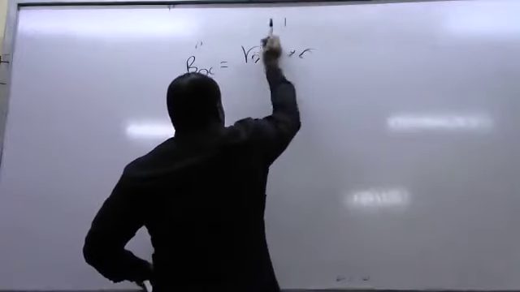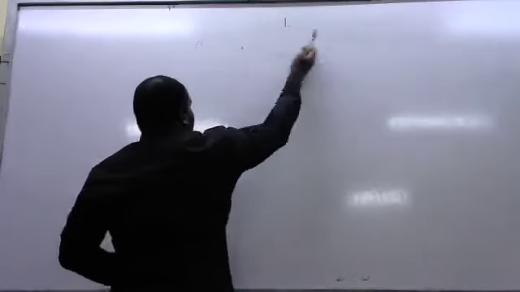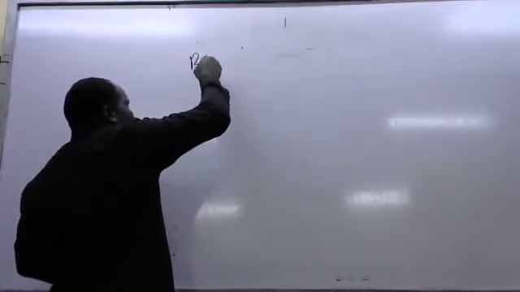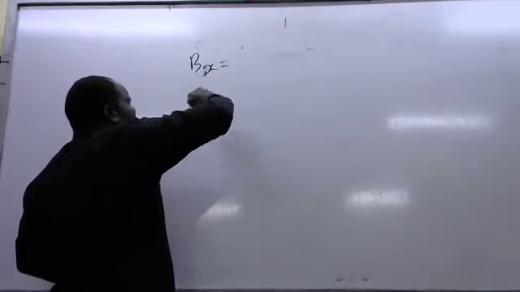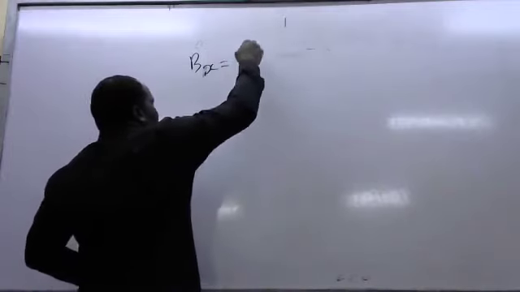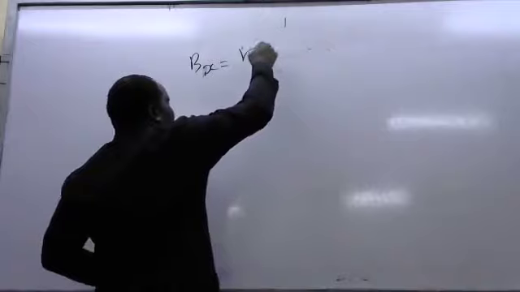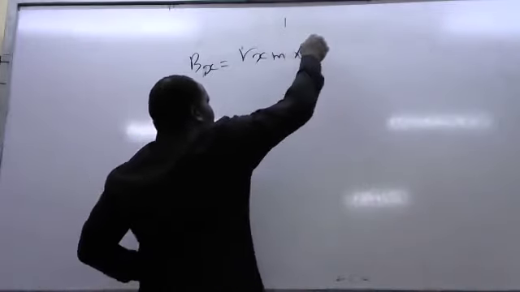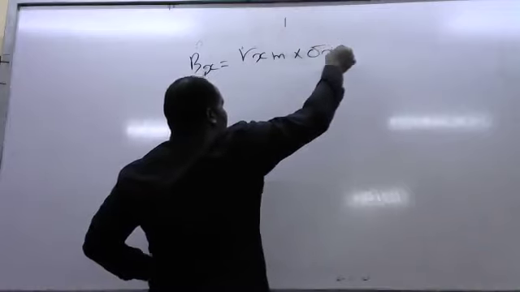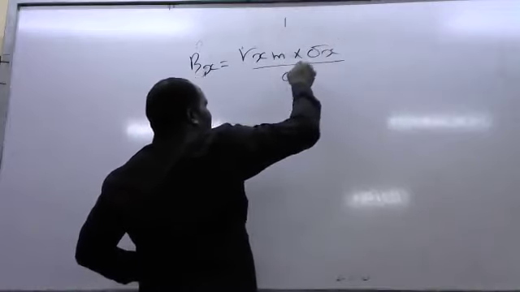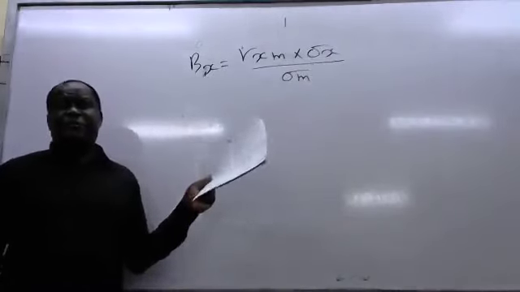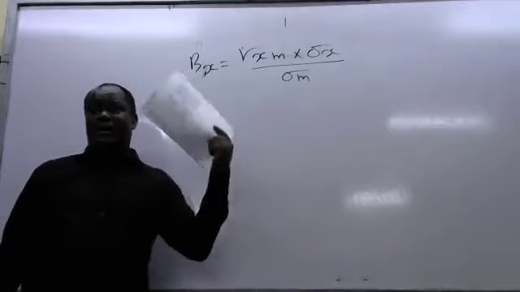Let me use security X: the beta factor of security X is given by the correlation coefficient between security X and the market, multiplied by the standard deviation of security X, divided by the standard deviation of the market. This is one of the formulas you use to get the beta factor.